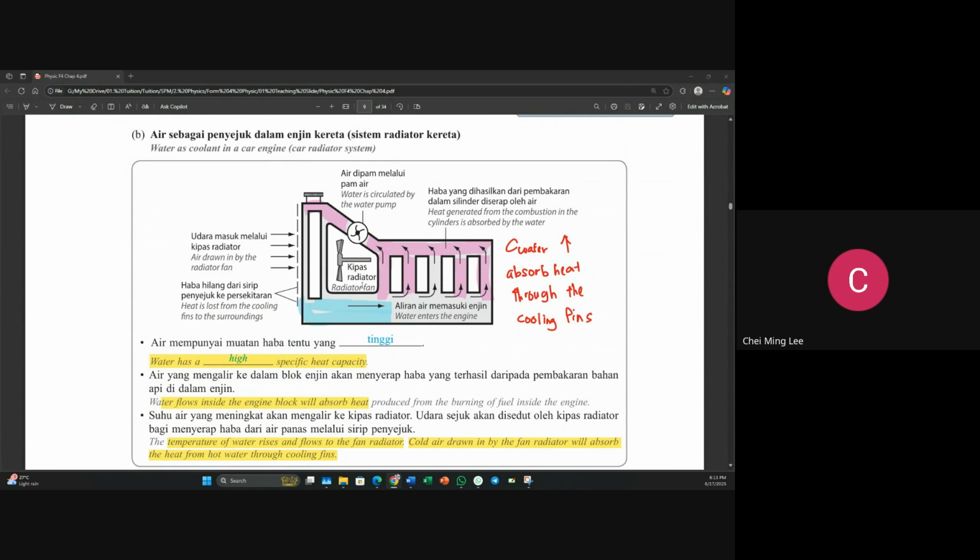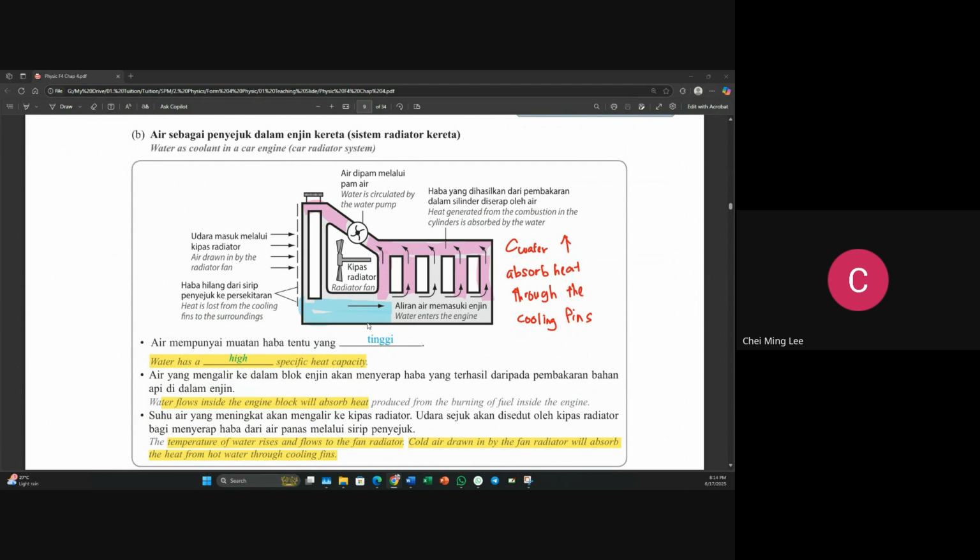The heat will be absorbed by the water, so the water becomes hot water now. When it is dragged through and passes down, the radiator fan will suck the air from the outside, which is cooler. So the cooler air will cool down the water and it goes back to the bottom side. So this is how it cools down the car engine.